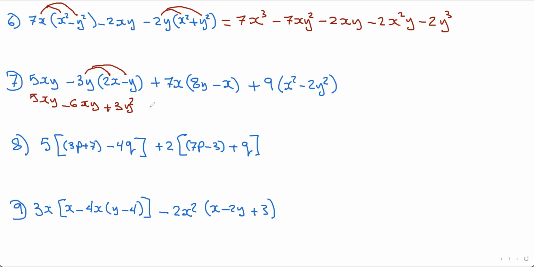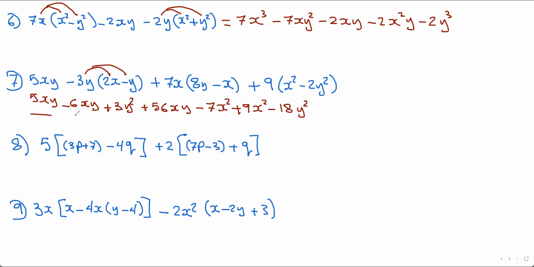Now here, plus 7x times 8y is just plus 56xy, and plus 7x times negative x is just going to be negative 7x squared, plus 9 times x squared is just 9x squared. 9 times negative 2y squared is just negative 18y squared.